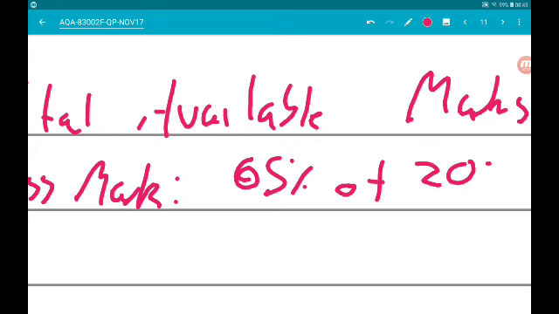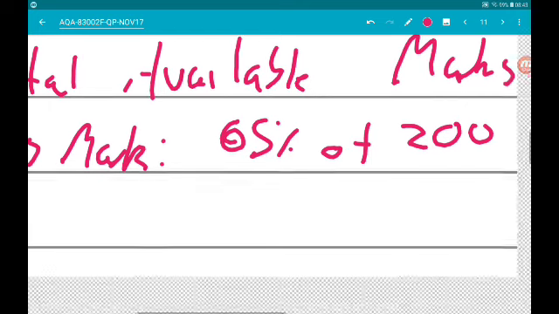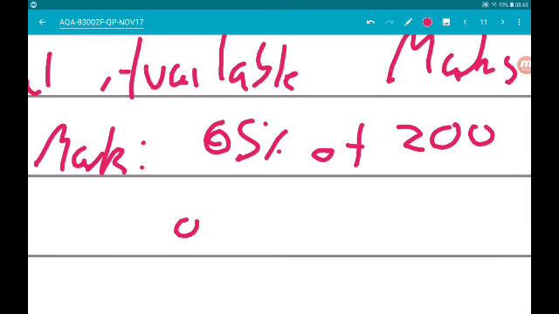Now, the way that I would do this using a calculator is just do 0.65 times 200. When you've got your calculator, you don't want to be faffing around finding 10%, 5%, etc. Learn how to use your calculator if you don't know.